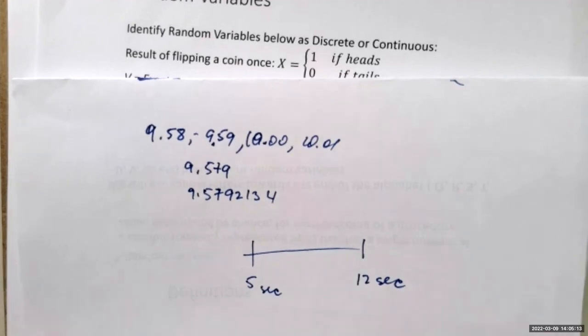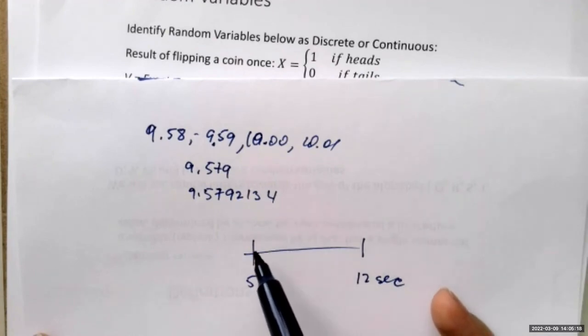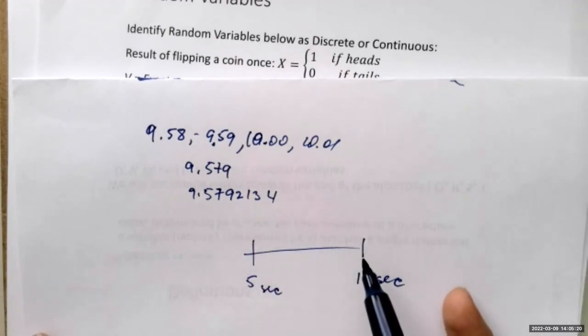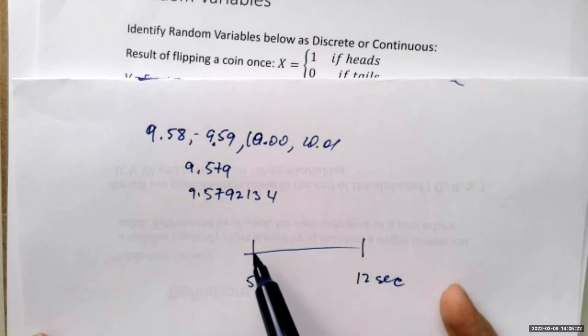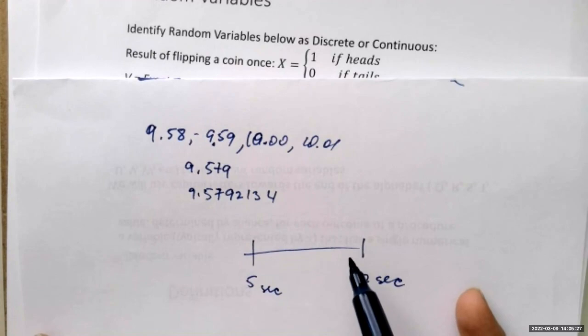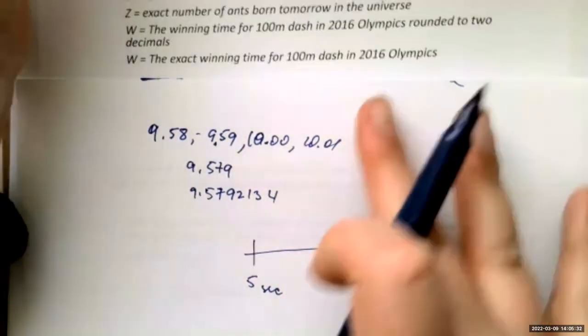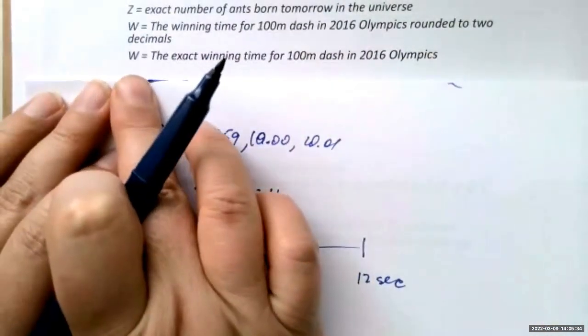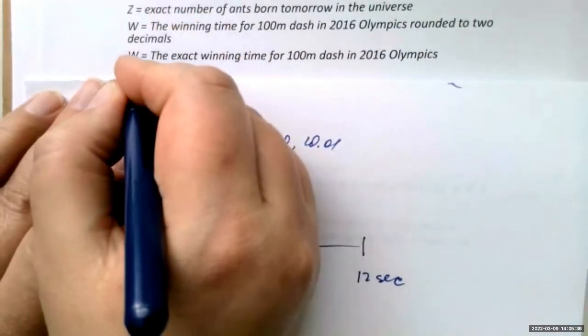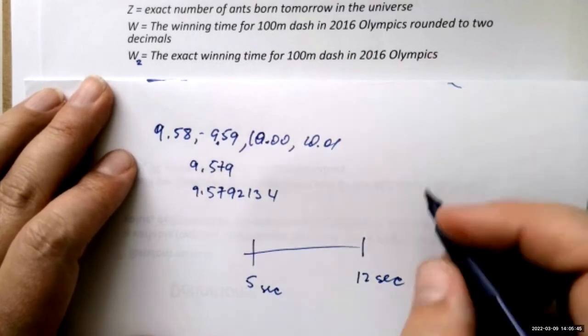I don't know, maybe they'll beat it one day, but it's a finite interval, and there are infinitely many values inside of this interval. So based on that, our second variable W, let's call it W2, is actually a continuous variable.